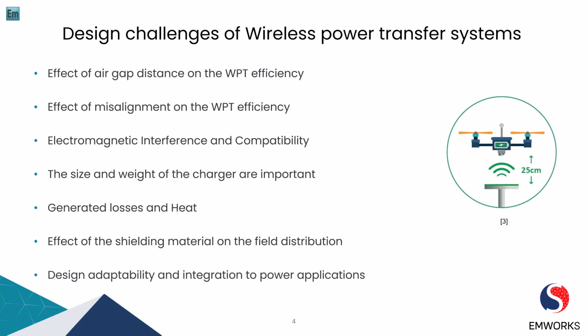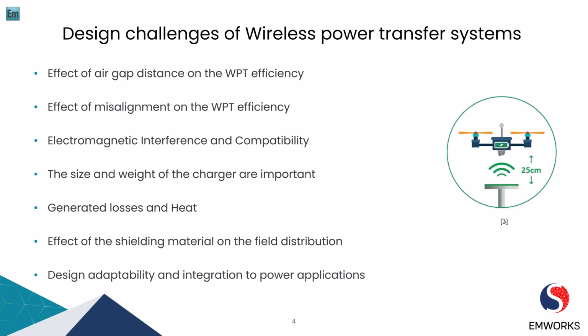The charger should be small and lightweight enough to be easily portable while still delivering enough power to charge the device efficiently. Then wireless power transfer systems generate losses in heat, which can reduce their efficiency and lifespan. The system design must address these issues by using efficient components and cooling systems.